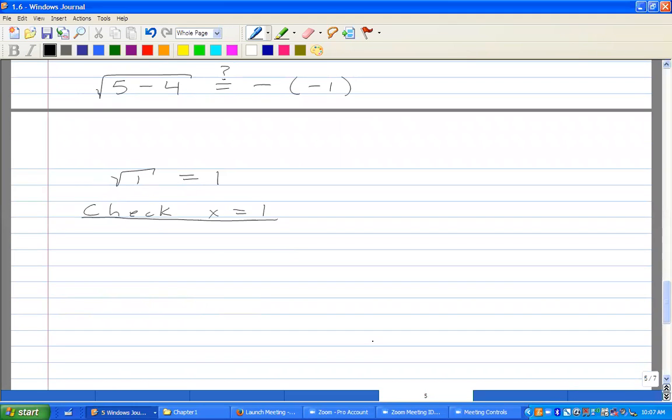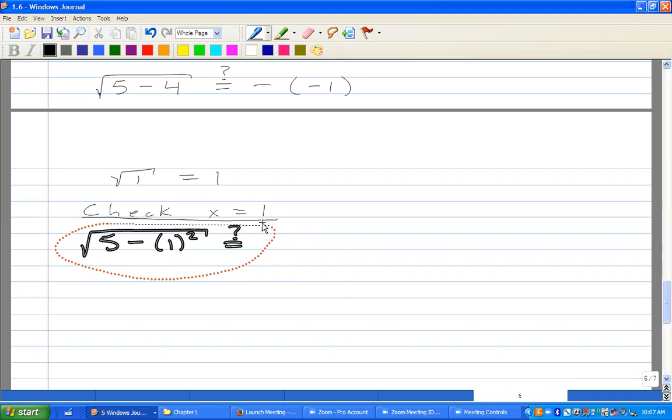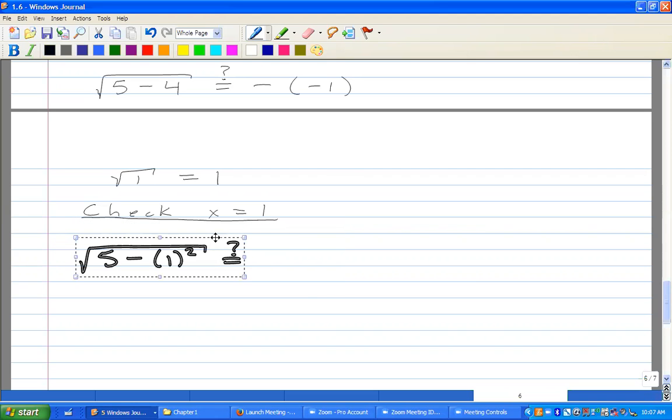Is the square root of 5 minus x squared equal to minus 1 plus 1?